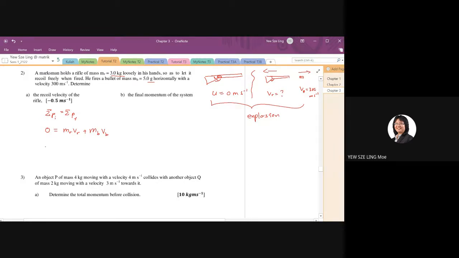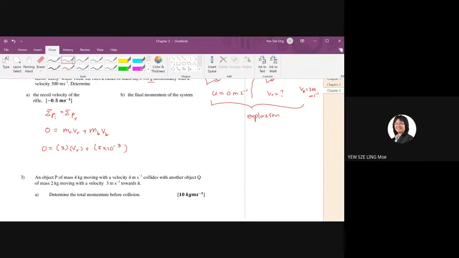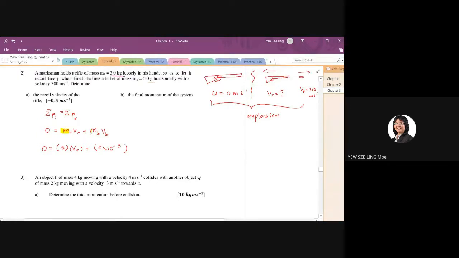So 0 equals, now my rifle is 3 kg, V rifle is unknown, plus now a 5 gram bullet, so it's 5 times 10 to the power of negative 3. You need to make sure both masses have the same unit. Both of them are in terms of kg. Times V bullet, which is 300 meter per second.